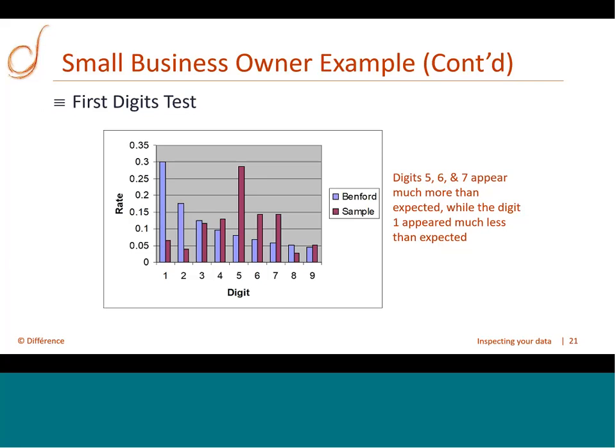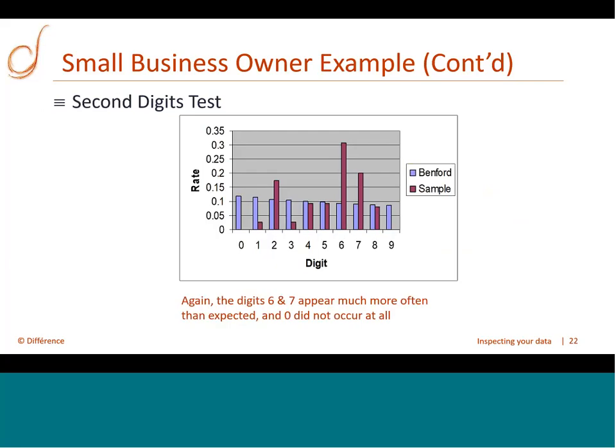And the purple columns represent the number of times that digit was seen in the data set. What he noticed is that there are too many 5, 6, and 7, and really not enough 1 and 2, again for the first digit of all the numbers he looked at.